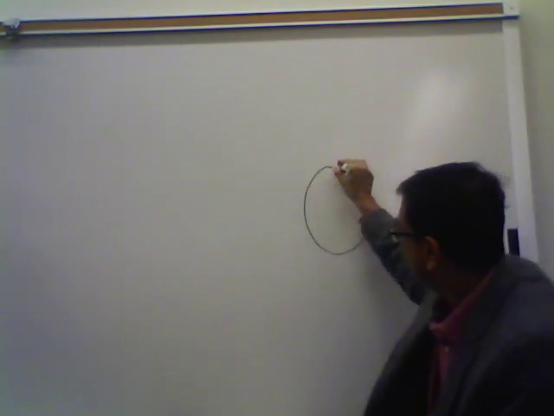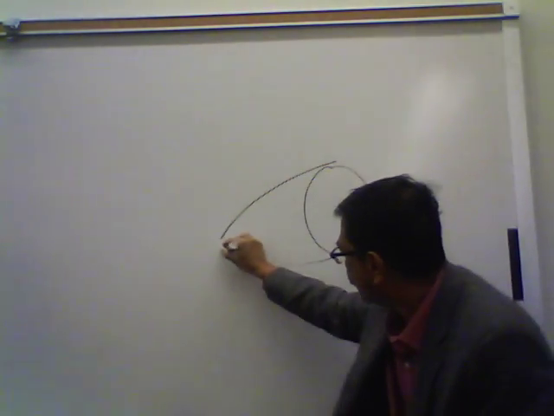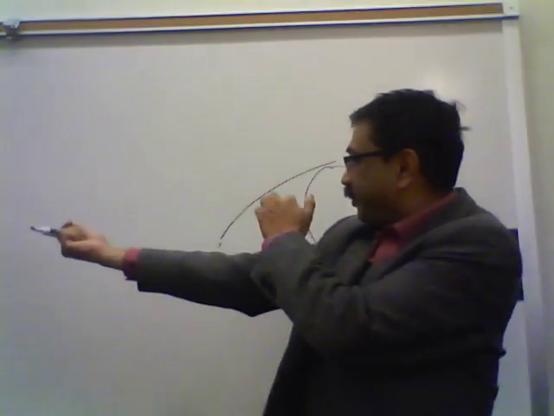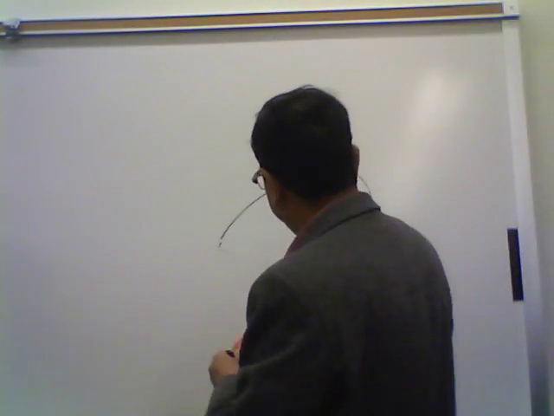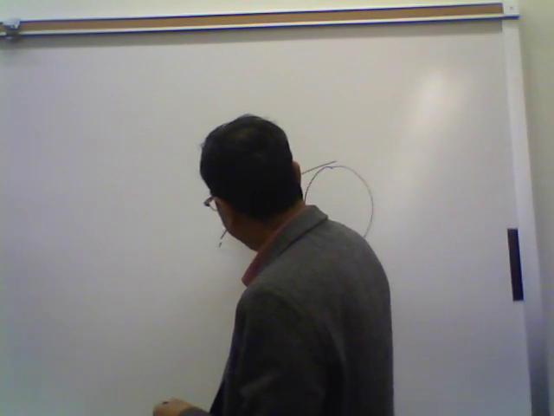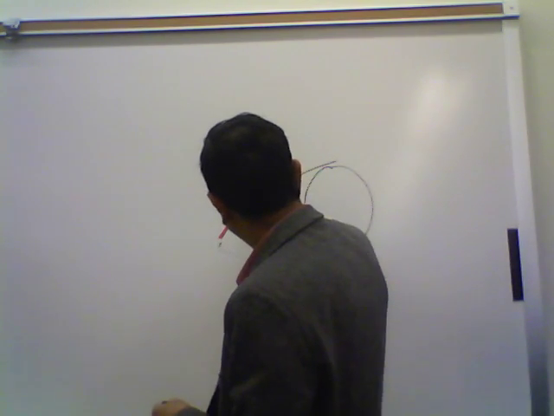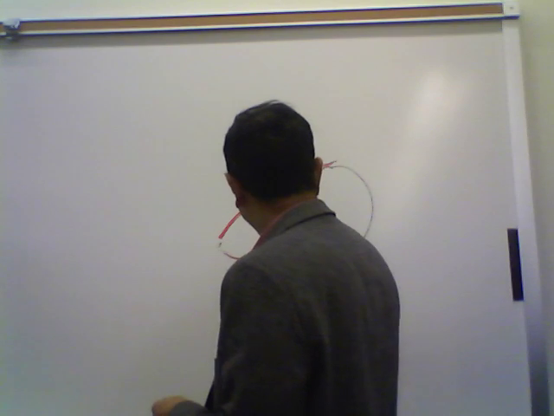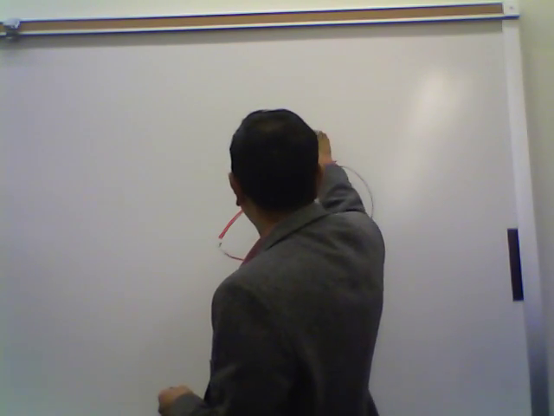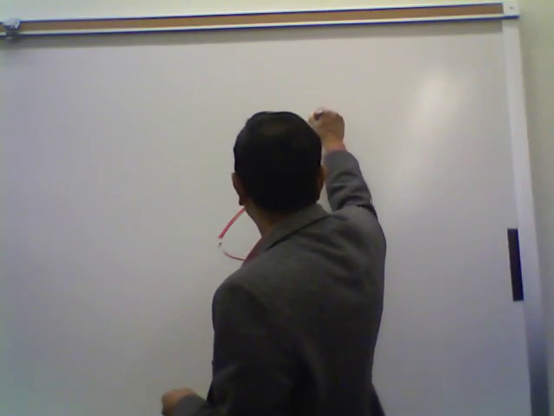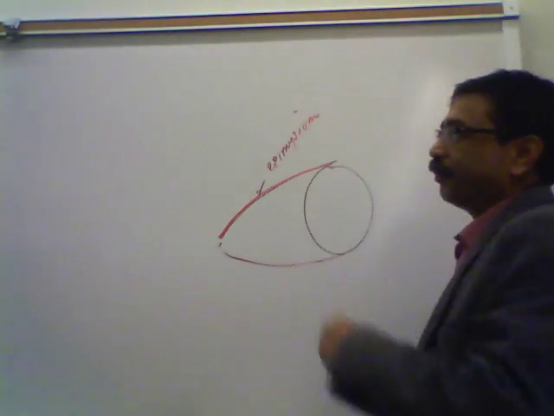If you just see a muscle, for example, this is the biceps, okay? The whole muscle has a connective tissue covering that is called the epimysium. Okay, epimysium.